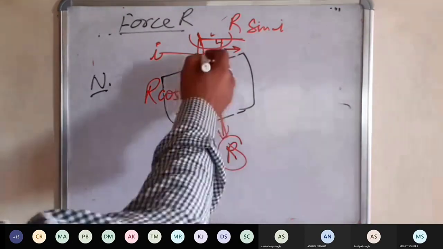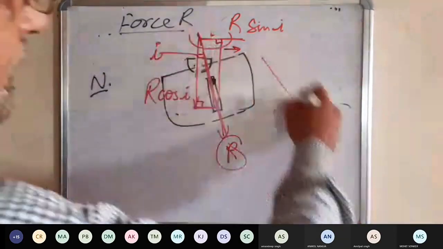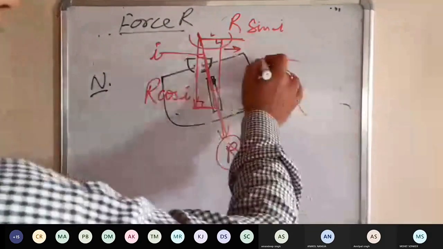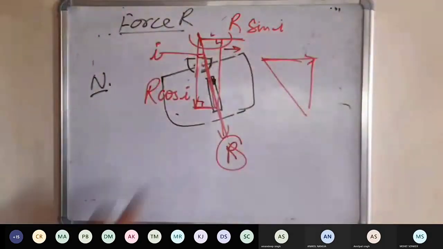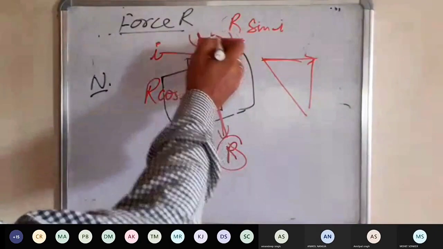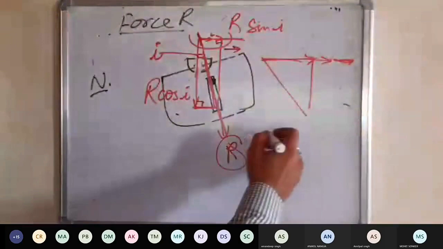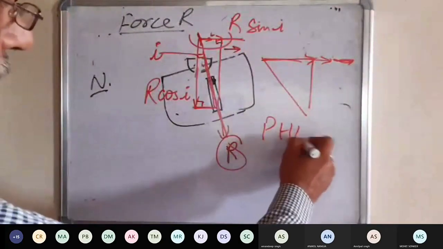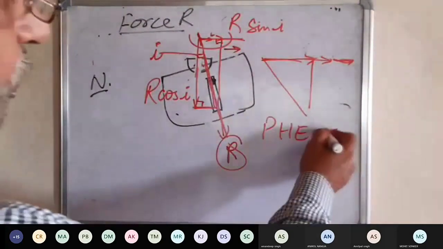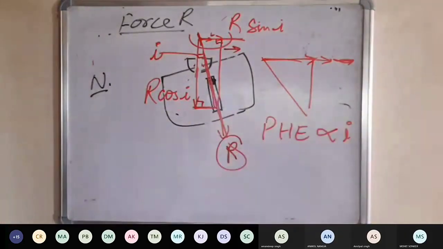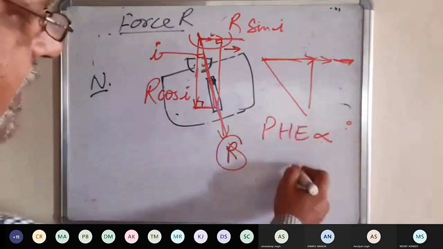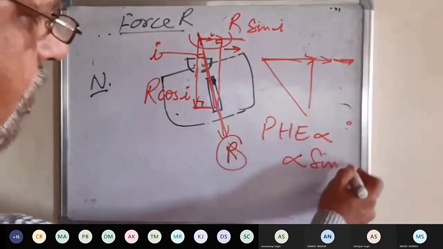That means more heel, if it is like this, more heel, then this component will increase. At less heel this will be small, and as it heels more, this will keep getting bigger. That means permanent heeling error, PHE, is proportional to i. Or rather we should say is proportional to sine of i.